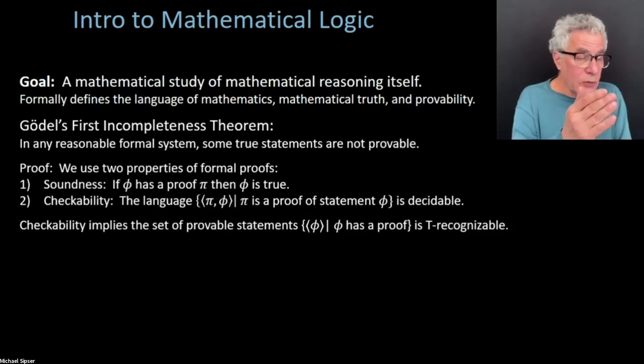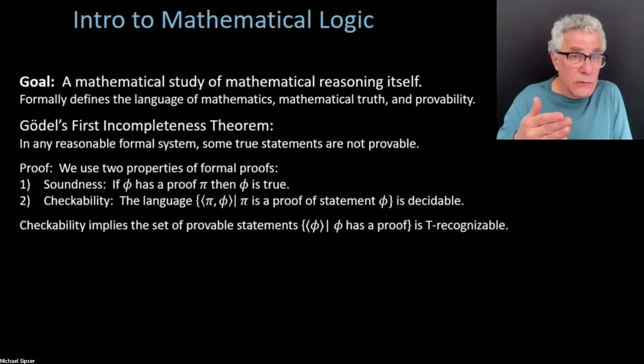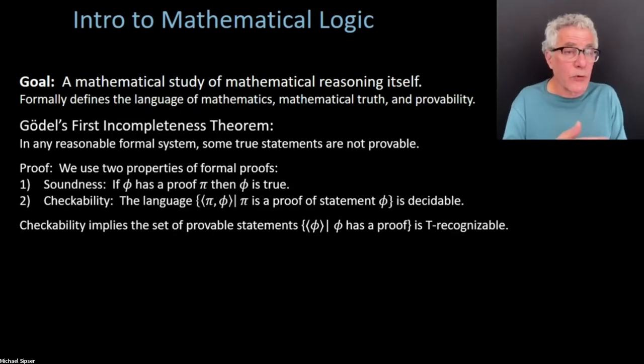Because if I give you a statement, your recognizer is going to take that statement and start looking through all possible proofs. It's going to look at string after string as a candidate proof, one after the next. Most strings are going to be junk, but every once in a while a valid proof is going to come out.